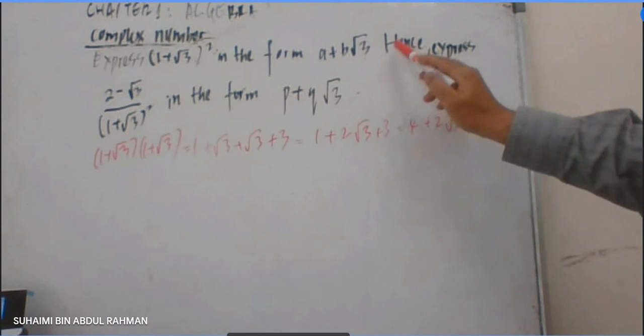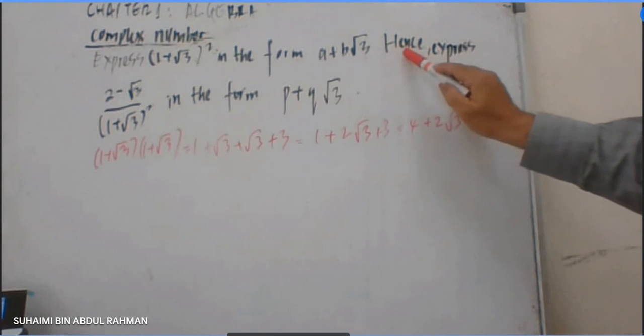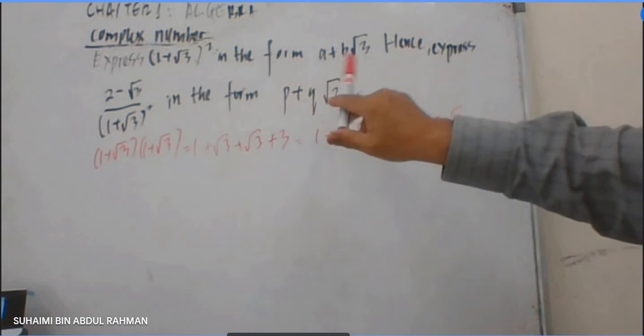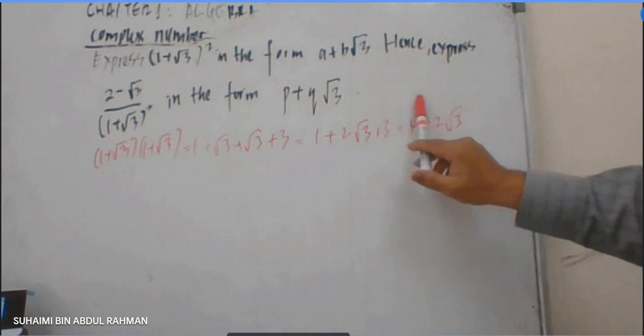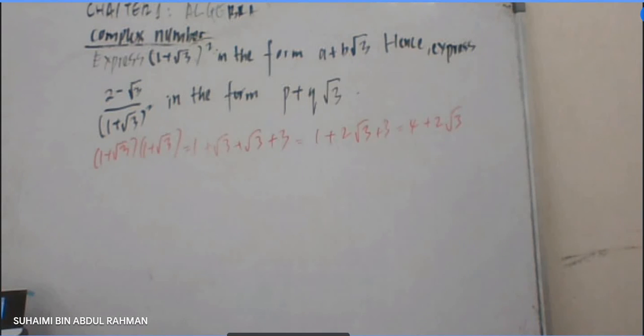And now, hence here, meaning that we use the answer we get from the first part. This is the answer.